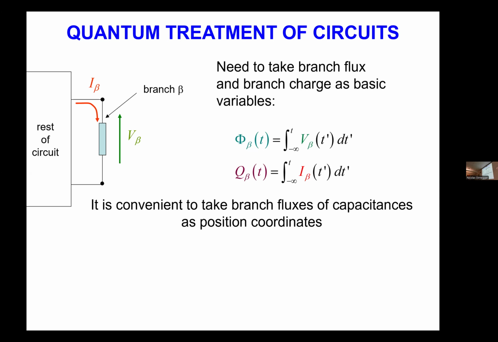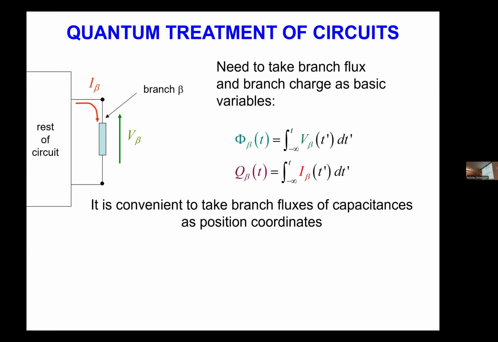Any element that has a voltage across it will have a flux, even if it doesn't look like an inductance. For instance, a Josephson tunnel junction doesn't look like a coil, but you can define this generalized flux by integrating the voltage. So this flux depends on the history of the voltage. And the same thing with the charge that has traversed the element: it's the time integral of the current.